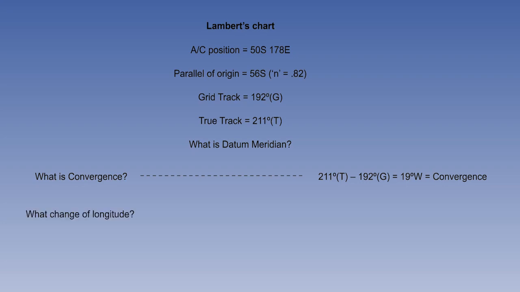What change of longitude does this represent? The change of longitude, multiplied by 0.82, gives us 19 degrees. Divide 19 by 0.82 to get 23 degrees longitude change. Which way?